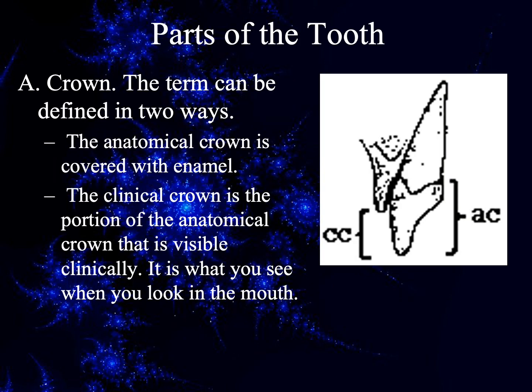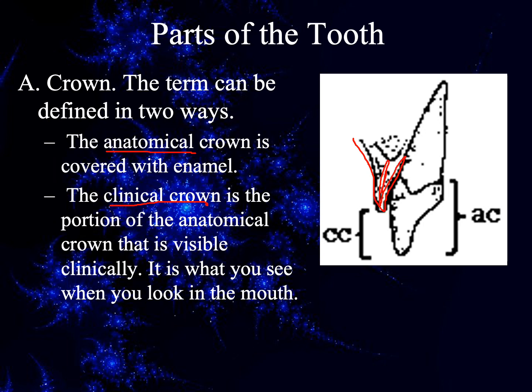So if we want to talk a little bit about the crown, we can have two different definitions of the crown. The anatomical crown, which is covered with enamel, and the clinical crown, which is the portion of the anatomical crown that is visible to the eye clinically. As you can see here, this tooth is covered by gingiva.